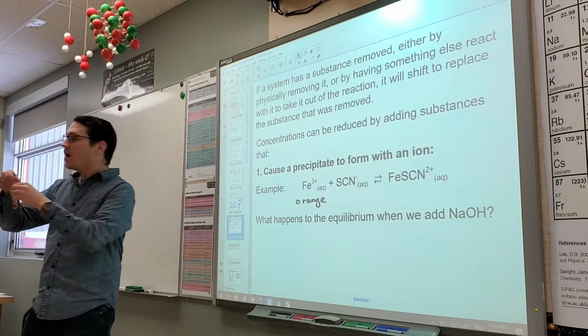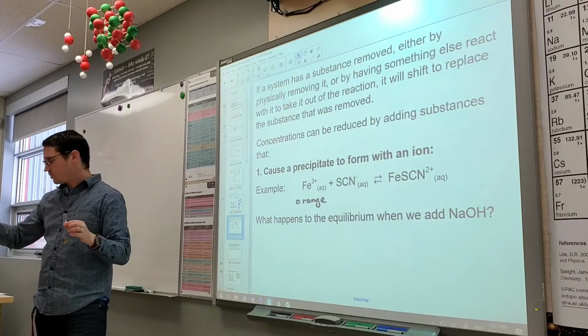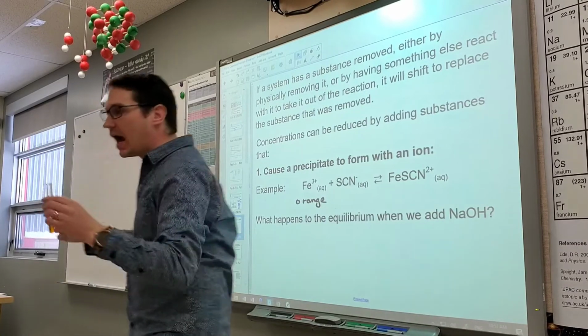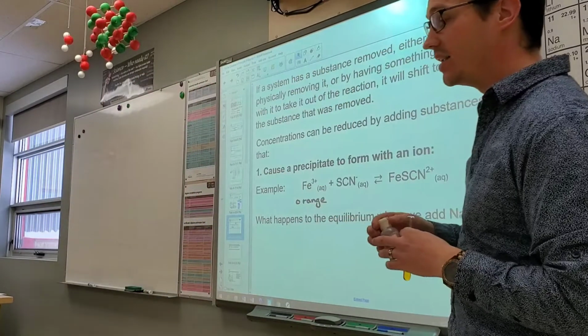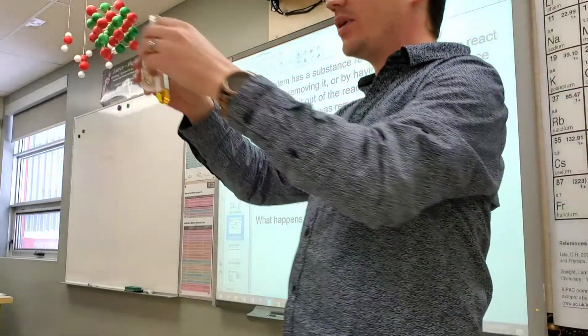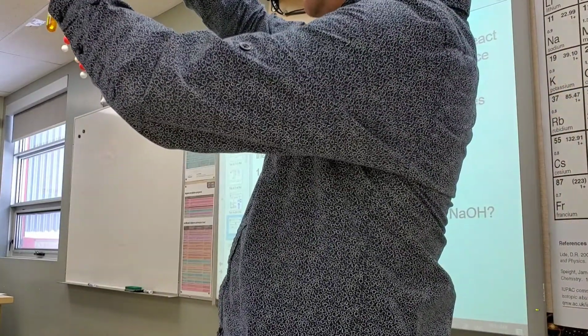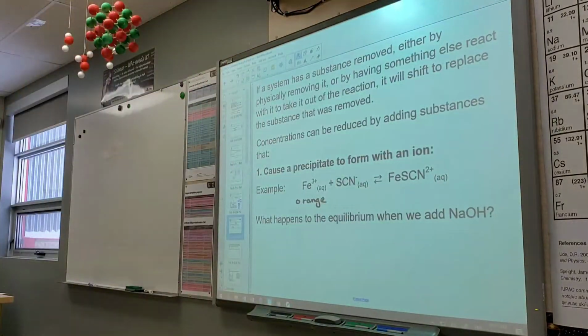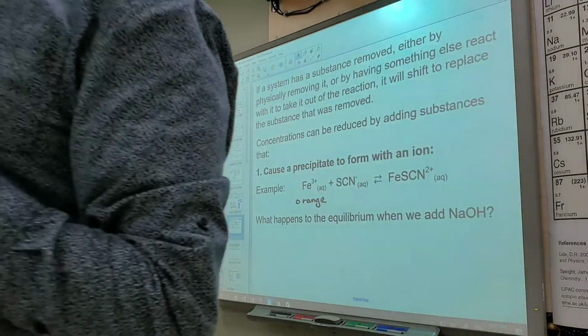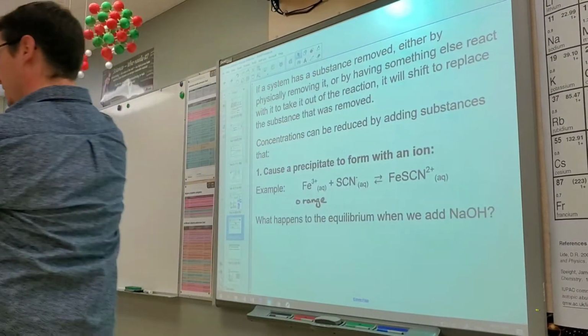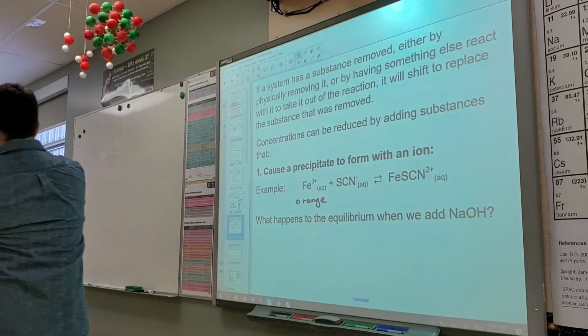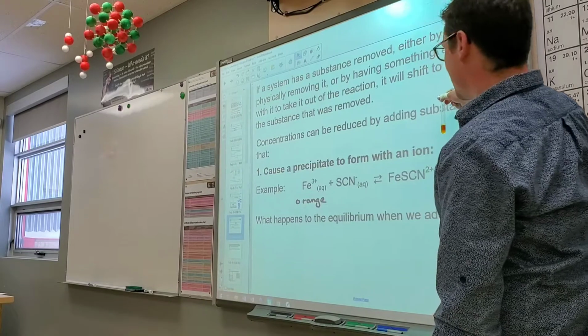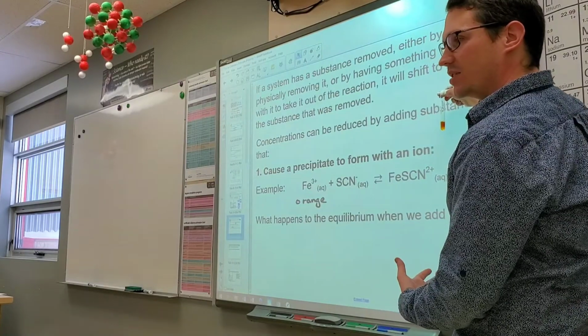For example, iron 3+. When I take iron 3+ and I add hydroxide to it, do you know what I just made? Yeah, well, I mean, I added a base to it, right? But is the solution as see-through? Is it as transparent as it was before?